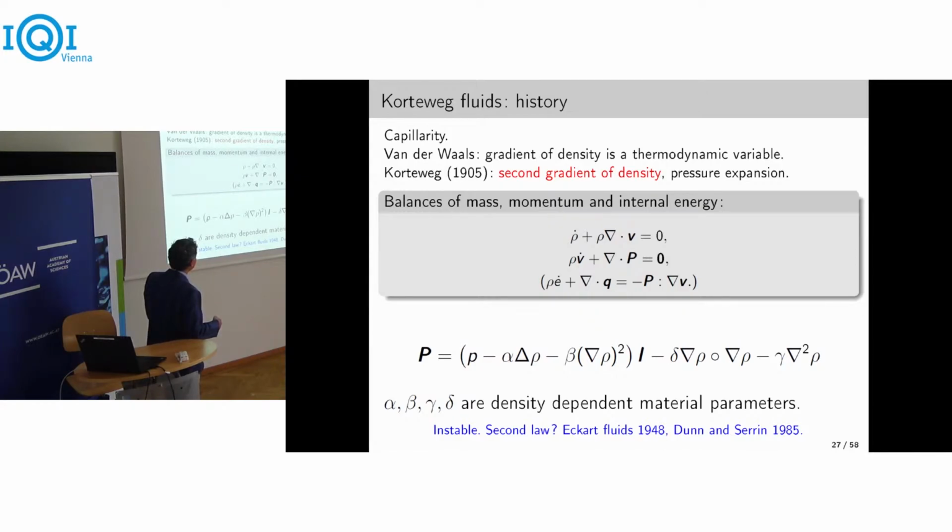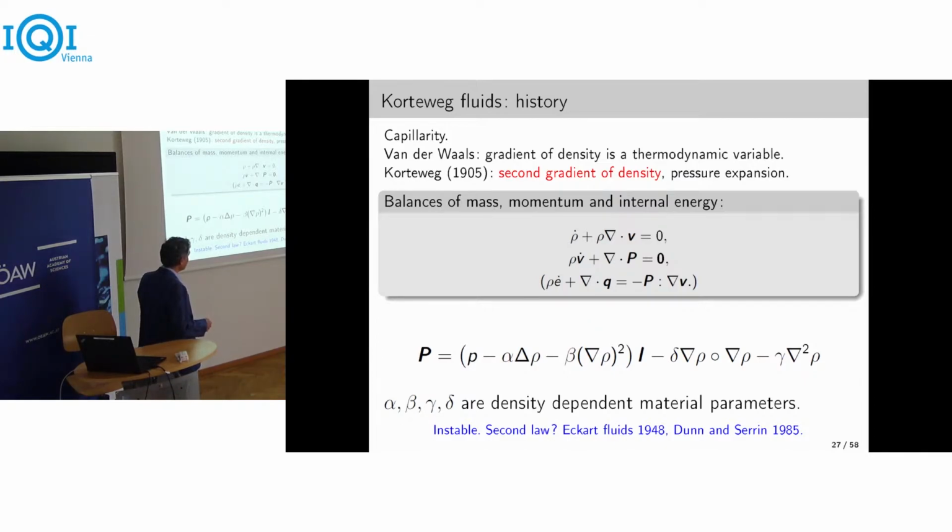Actually, this is the most general isotropic representation. It introduced an isotropic fluid. And these coefficients are density-dependent material parameters. He started to apply it to capillarity and surface tension, but it has very restricted use, because if I combine this constitutive equation with the momentum balance, then I get an unstable fluid in general, and it was not really used for a long time.